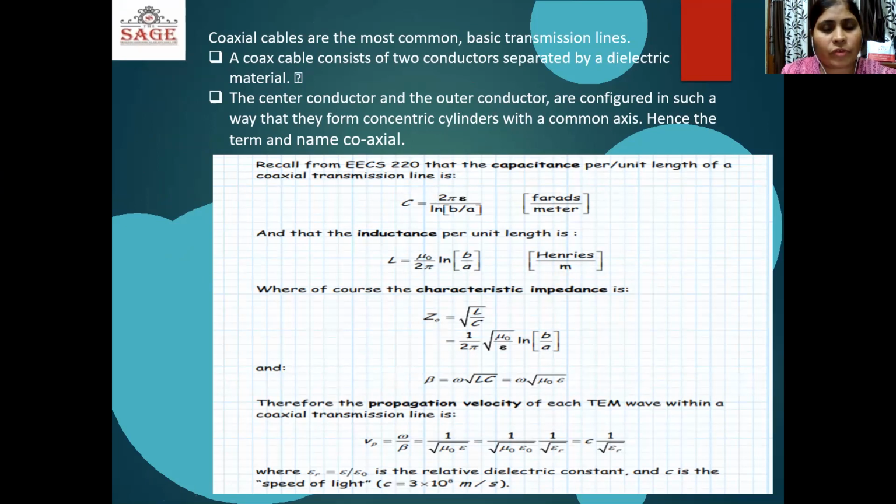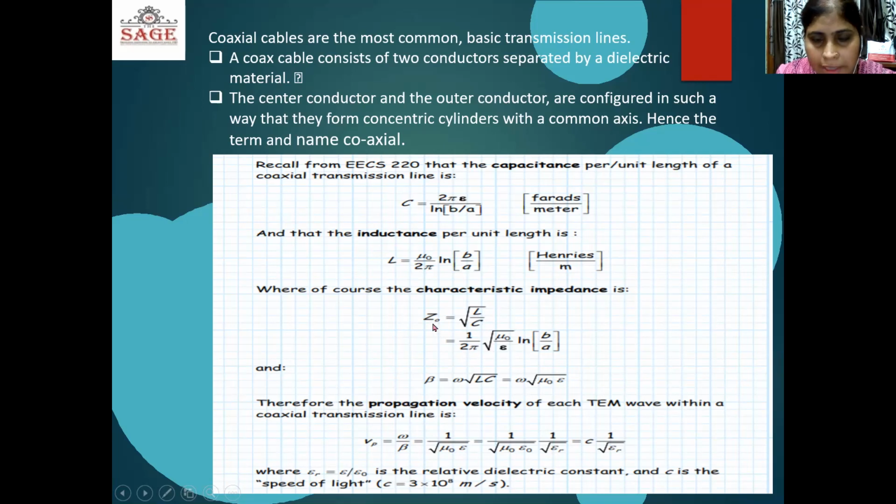Now recall some of the parameters of the coaxial cable. This is the value of the capacitor. We have already done all these calculations. So this shows the capacitor, and this shows the inductor. The characteristic impedance of the coaxial transmission line is equal to the square root of L by C. This is equal to this much.